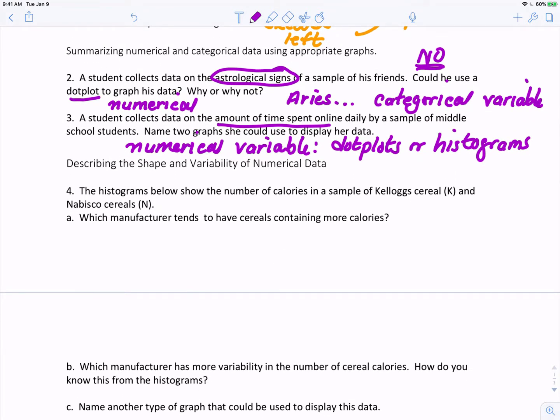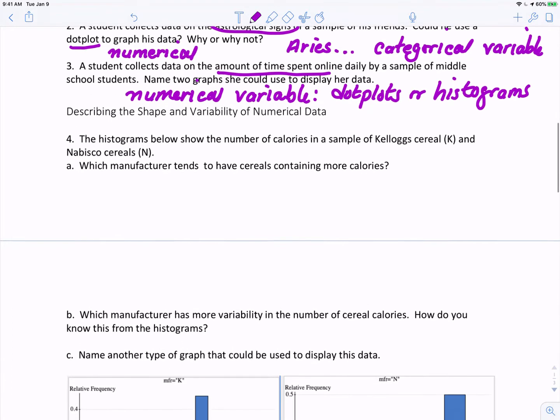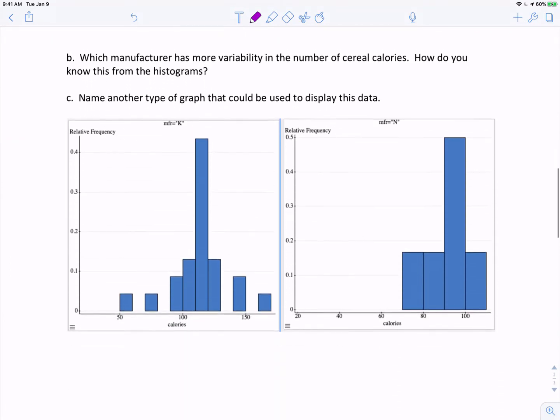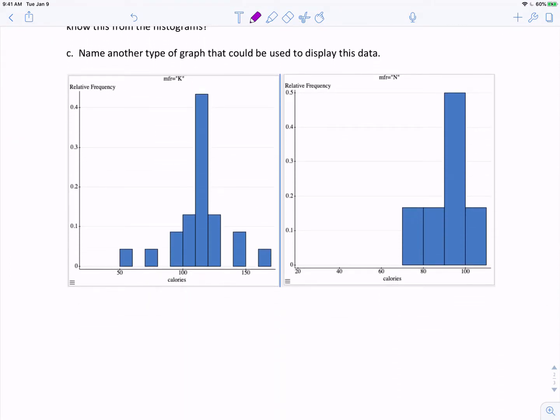Next, the histograms below show the number of calories in a sample of Kellogg's cereal, abbreviated K, and Nabisco cereals, abbreviated N. Which manufacturer tends to have cereals containing more calories? So if you look at the graphs here, notice that this is K, so this is Kellogg's. And here we have Nabisco.